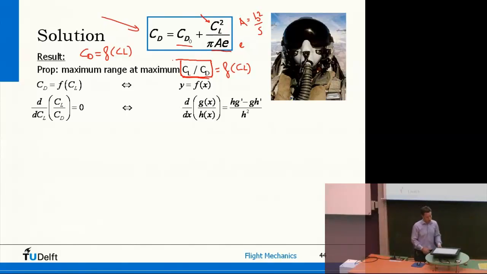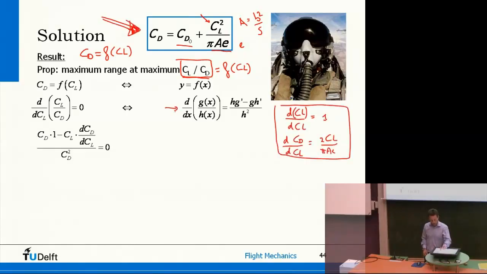So let's just do that in this case. If you do that, you need these two things, the derivative of h and the derivative of g, then you get CD times 1, so 1 is the derivative of CL, minus CL times the derivative of CD, 2CL over pi AE, divided by CD squared, and that's equal to 0.